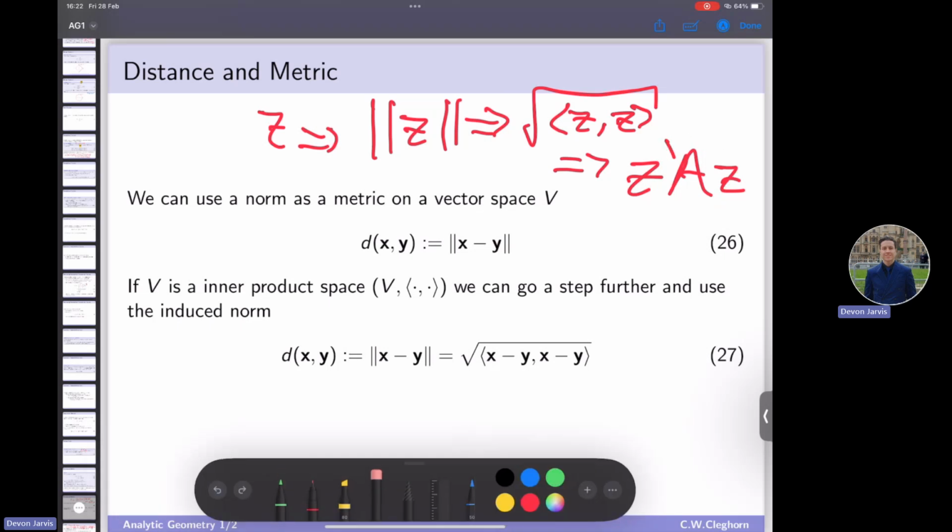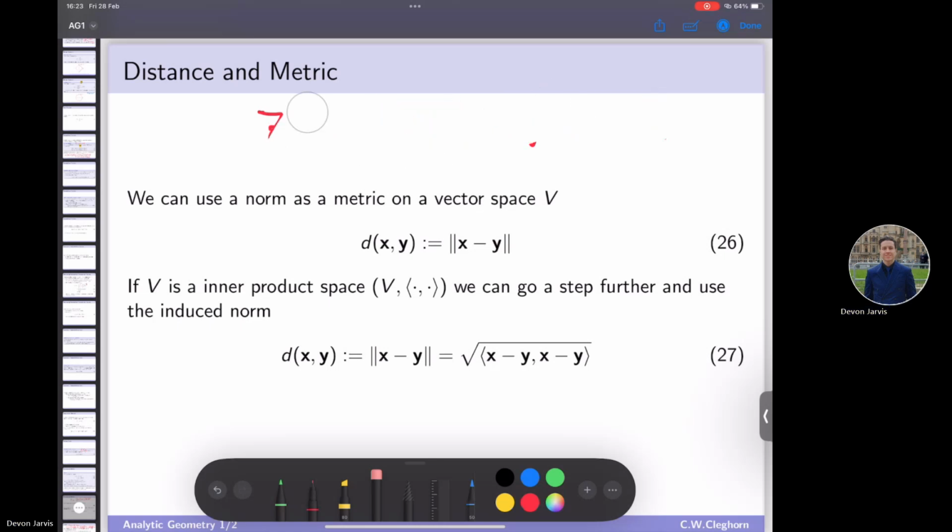Is it X minus Y only Z, or is it for normal Z as well? Like the X minus Y, does that evaluate to Z or to norm of Z? So I'm just defining a new vector, which is X subtracted by Y. I have two vectors in the space, vector X and vector Y. I'm going to subtract them, which gives me that vector there between those two points.